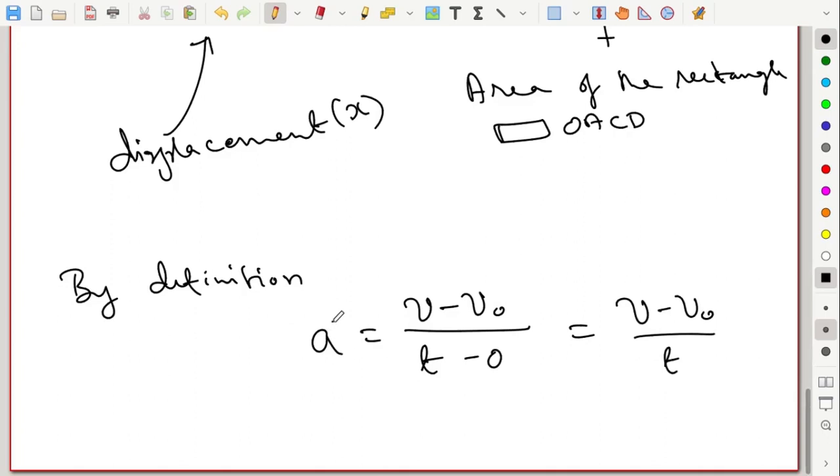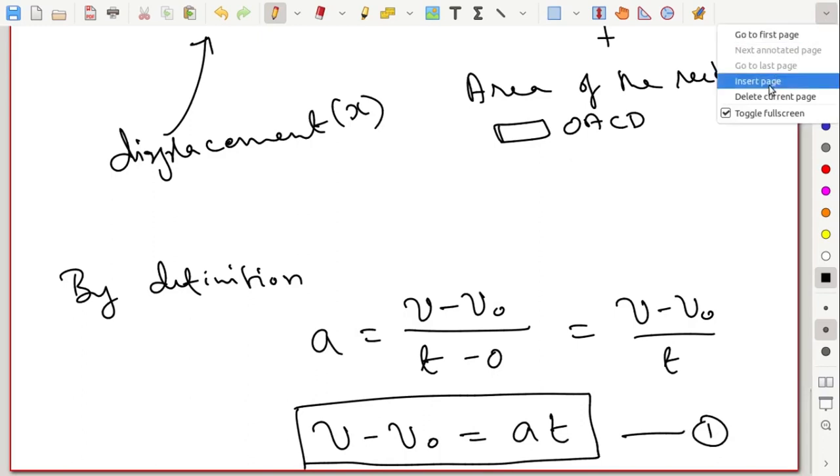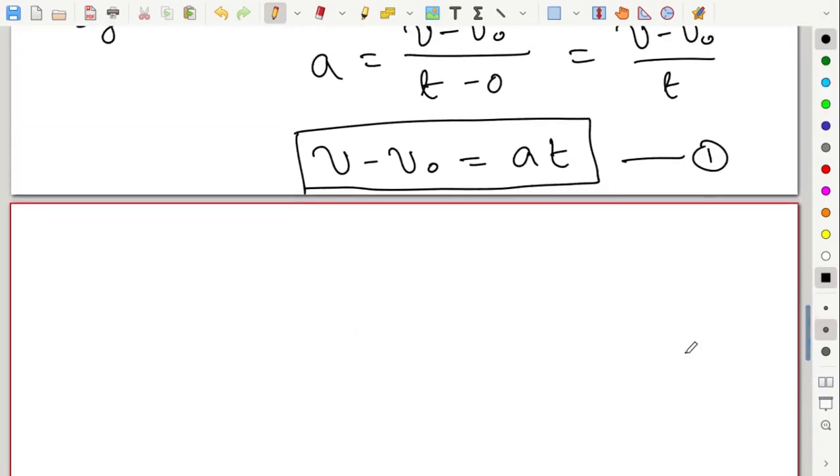So this is the acceleration. So we can rewrite this as v minus v naught equals at. Okay, so this is the first equation of motion.